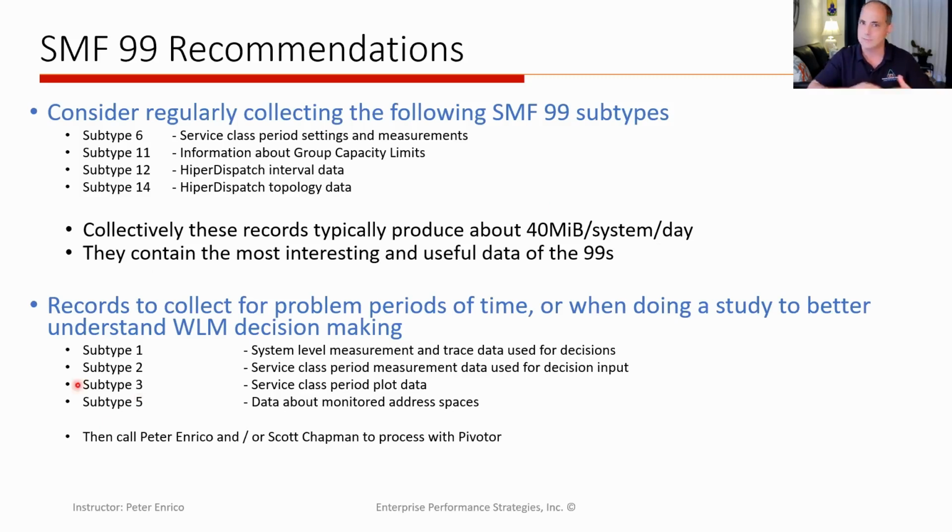If you're ever interested, just take the measurements, put them on graph paper, and you'll see how WLM does its projections. And then some information about monitored address spaces, only because I like to see what address spaces WLM finds interesting and may be controlling individually, specific as opposed to period-wide.